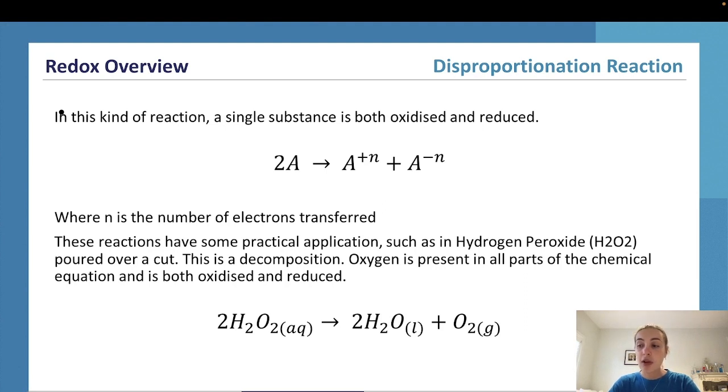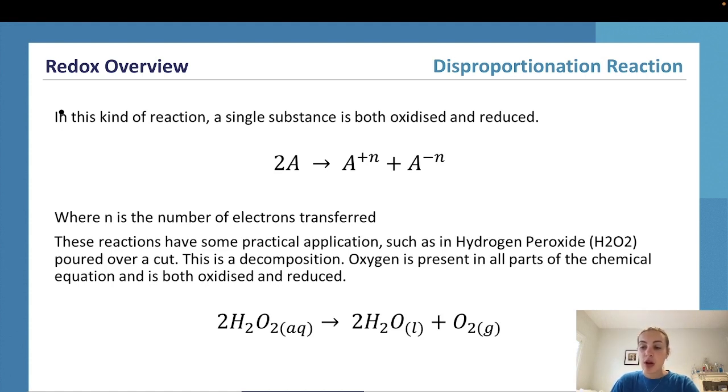But if we were to follow that rule in this particular circumstance, having hydrogen with a +1 charge and oxygen with its -2 charge would not add up appropriately.